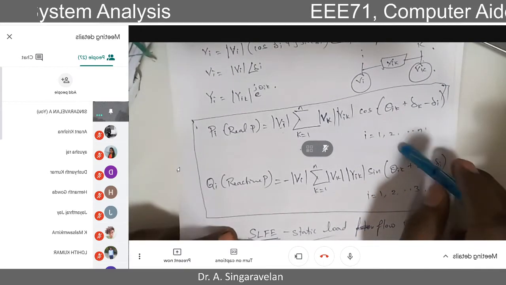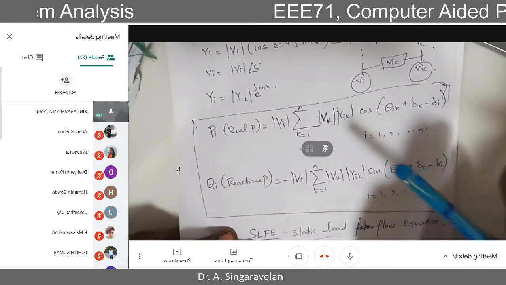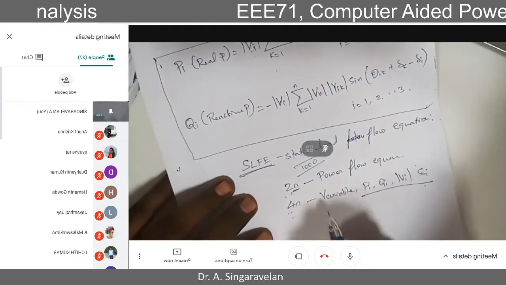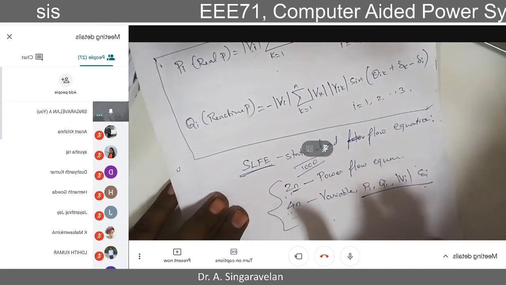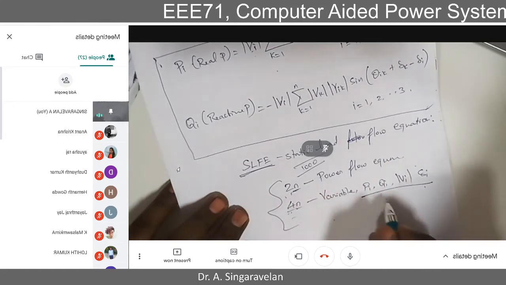What is today's topic? Power flow study, power flow analysis. If you solve these two equations, with this complexity of the system, I will get some values. Those values give you the 4n variable data.